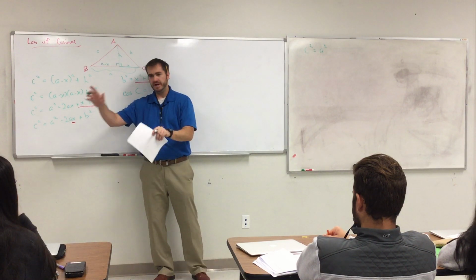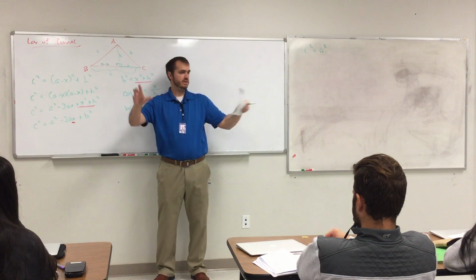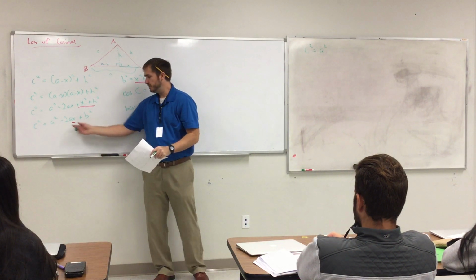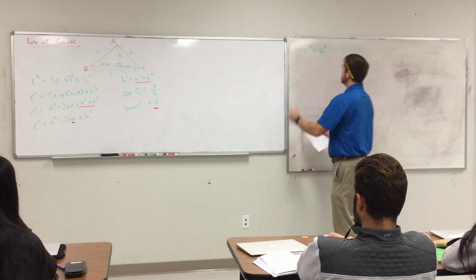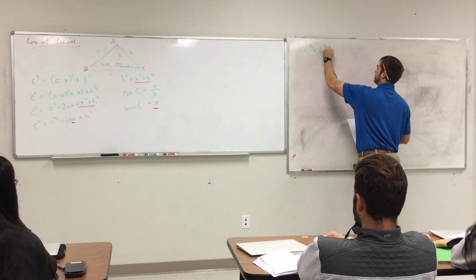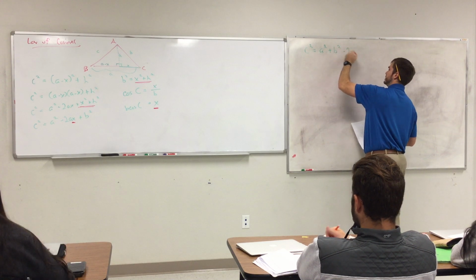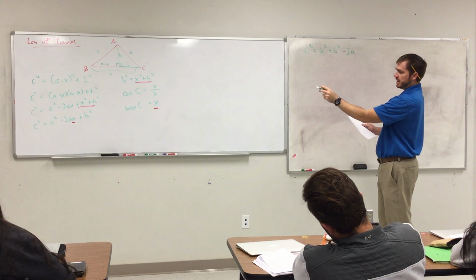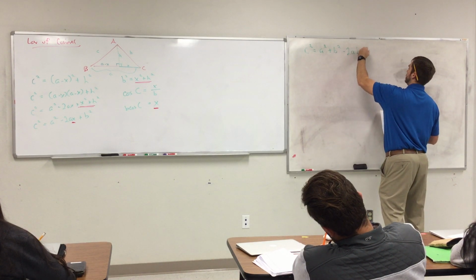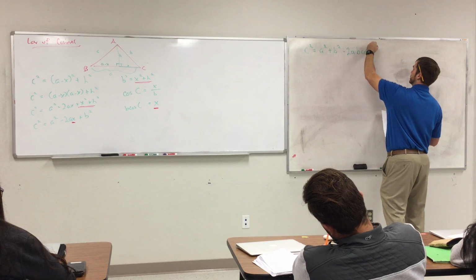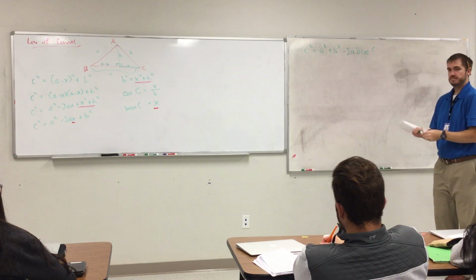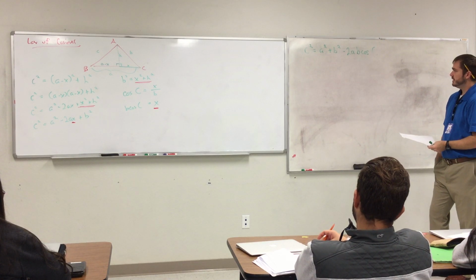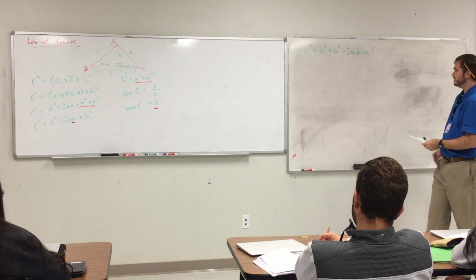If you remember when you're adding and subtracting things, 2 plus 3 is the same thing as 3 plus 2, the commutative property. So I'm going to write that as a squared plus b squared minus 2 times a, and then instead of saying x, I'm going to write b cosine C. C squared equals a squared plus b squared minus 2ab cosine C.